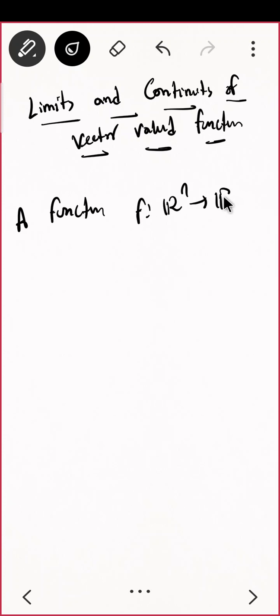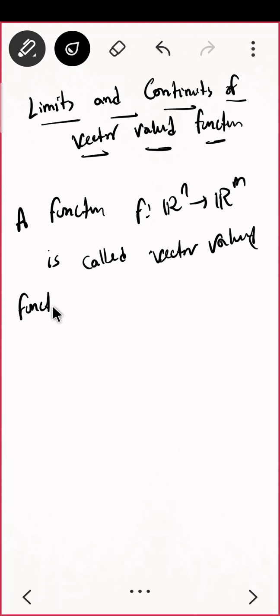In the earlier case, your m was 1, correct? So that was a scalar valued function. The answer was coming in R, but here it will be in R^m. It's called a vector valued function. Nice. And you already know every definition, correct?